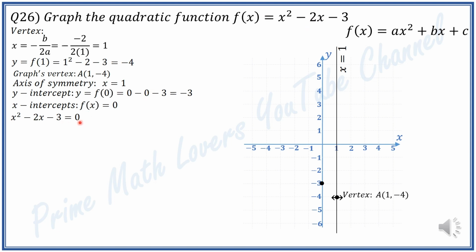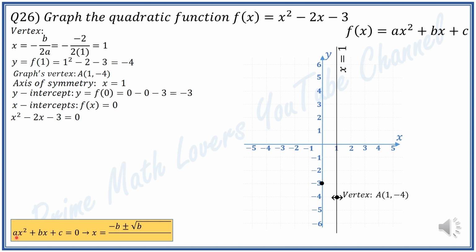For solving this quadratic equation, we use the quadratic formula. It states that for the equation ax squared plus bx plus c is equal to 0, x is equal to minus b plus or minus the square root of b squared minus 4ac, all divided by 2a. In our equation, a is 1, b is -2, and c is -3.